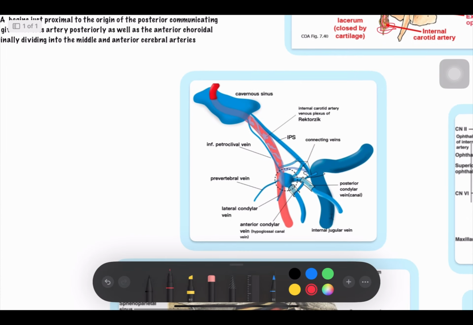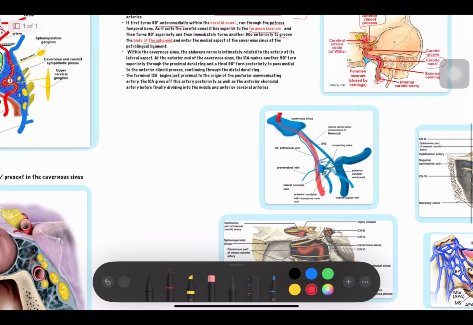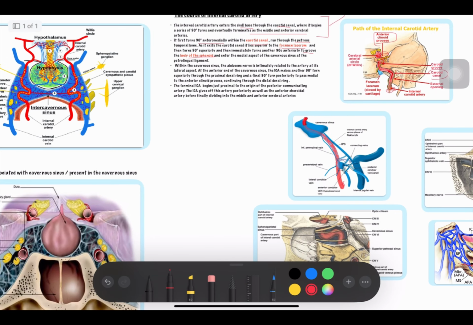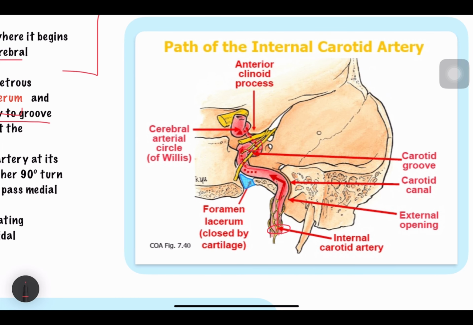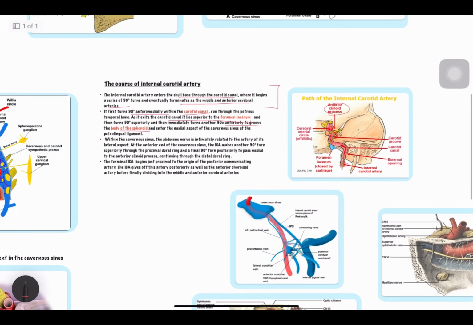Here we can see the course of the carotid artery entering the cavernous sinus and coming out at the region of the anterior clinoid process. It forms the carotid groove, and again it turns to pierce the cavernous sinus, and again comes out of the cavernous sinus through the anterior clinoid process.